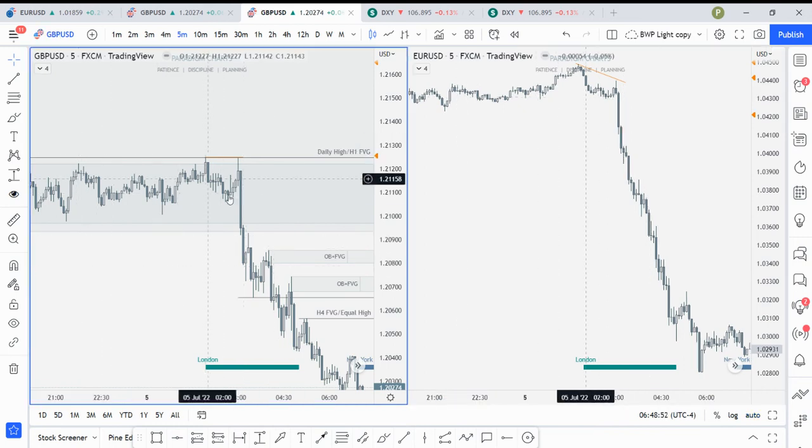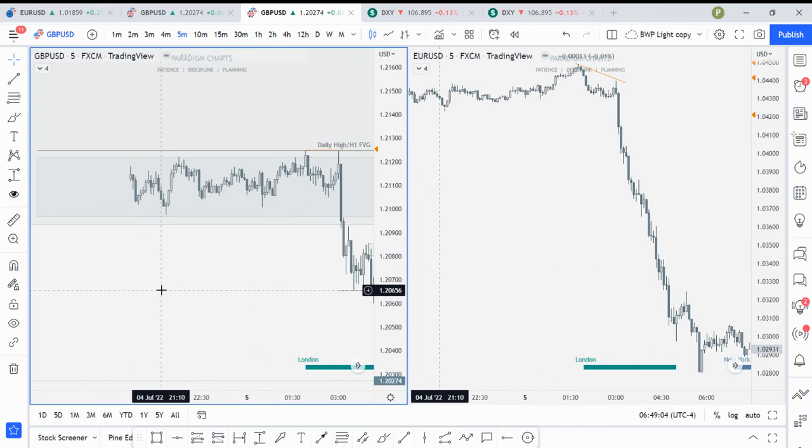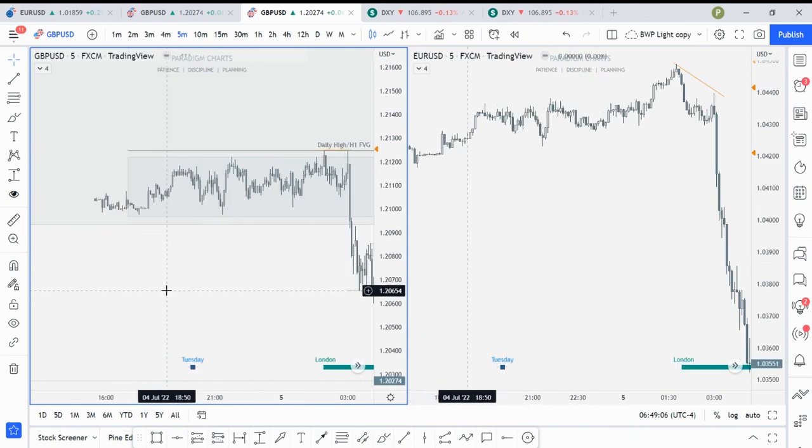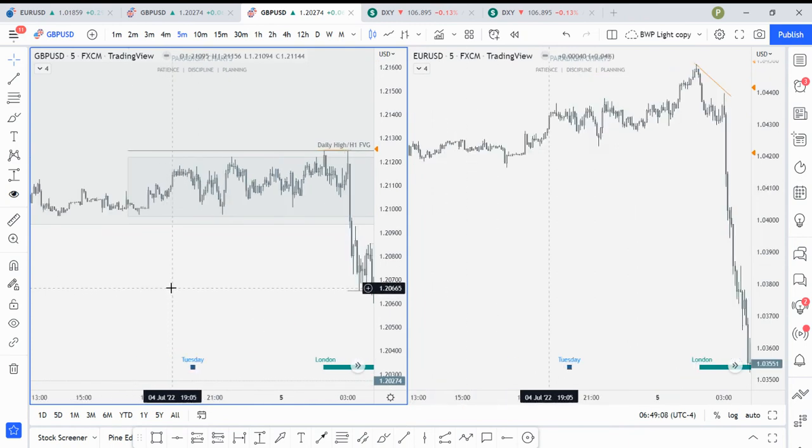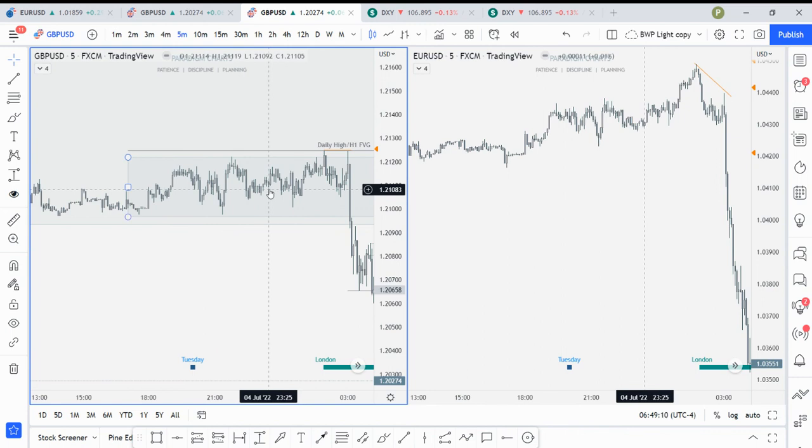These are also the periods in which the market makers or the smart money are accumulating or distributing. I hope that is explanatory enough.